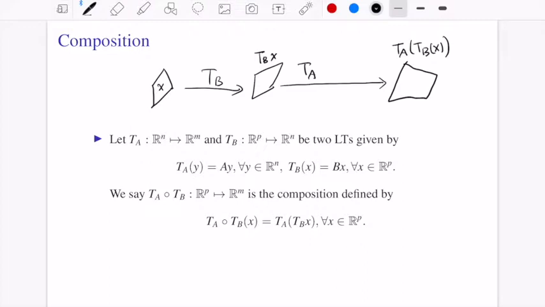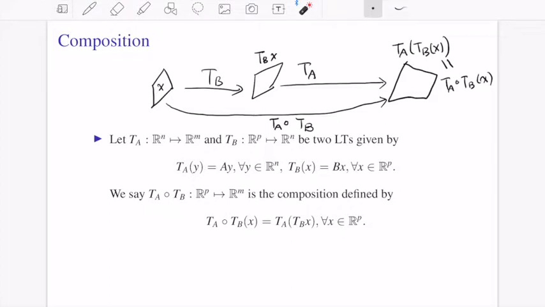By the twofold transformation, we actually have the composition of TB and TA, which is written as TA open dot TB. So we can write the image after two transformations as TA open dot TB X. If we read the definition, suppose TA and TB are two transformations, and the important thing is TB's range is the same as TA's domain.